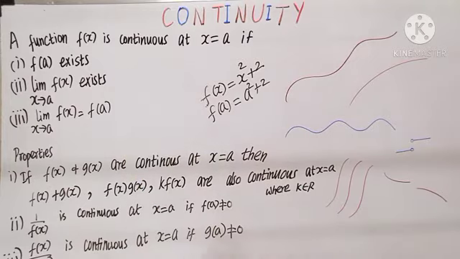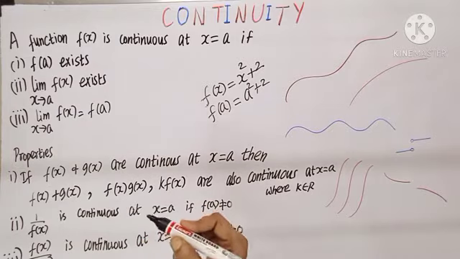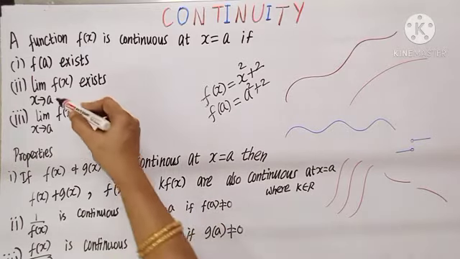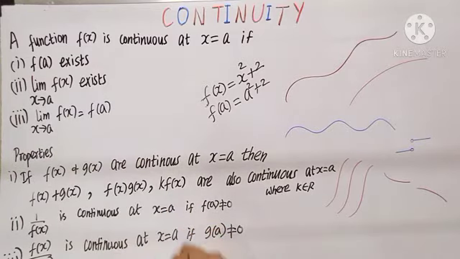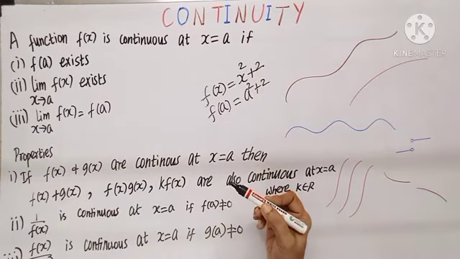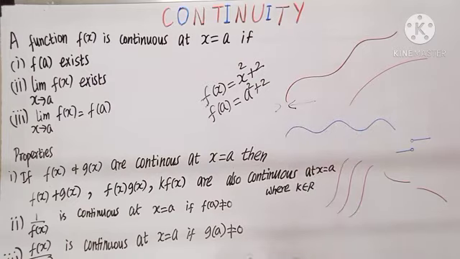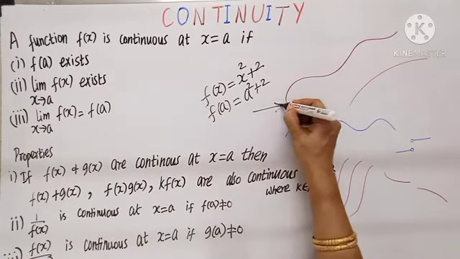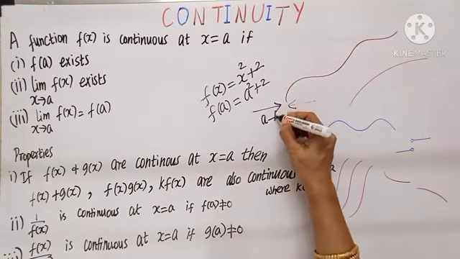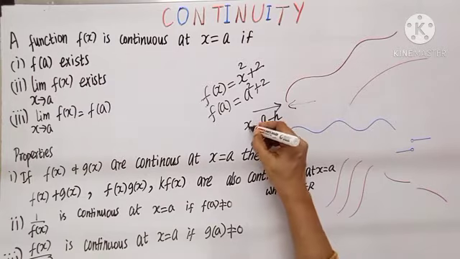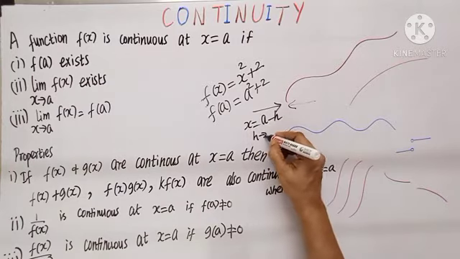Second condition: limit x tends to a, f of x exists. We have to check whether the left limit is there, and also the right limit. For the left limit, put x equal to a minus h and take h tends to 0.